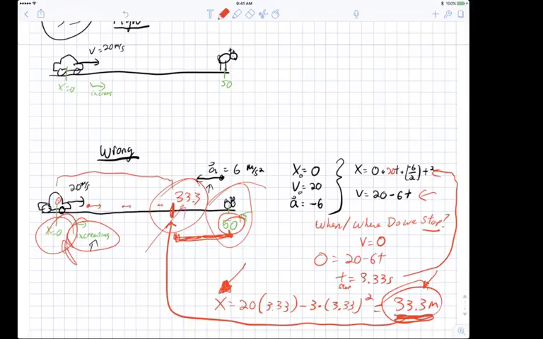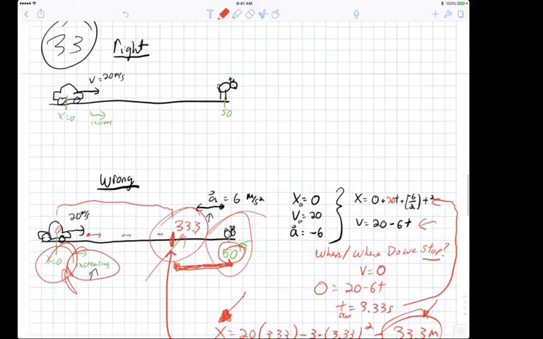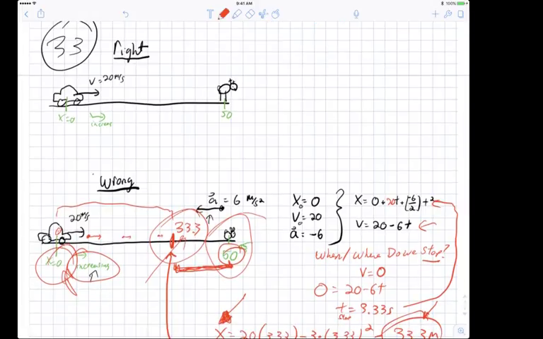Okay, but I don't know if I mentioned it before, this is the wrong way to do it. It doesn't work. Why is it the wrong way to do it? Well, we missed a clue when we started this. The question starts, a driver has reaction time 0.5 seconds.